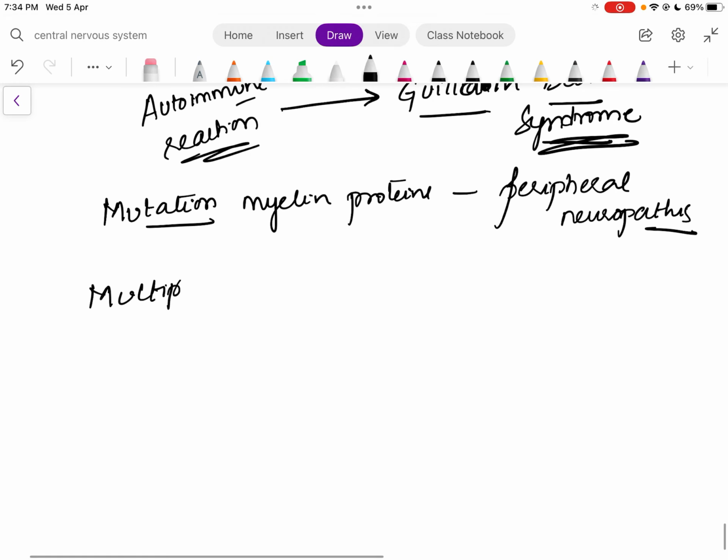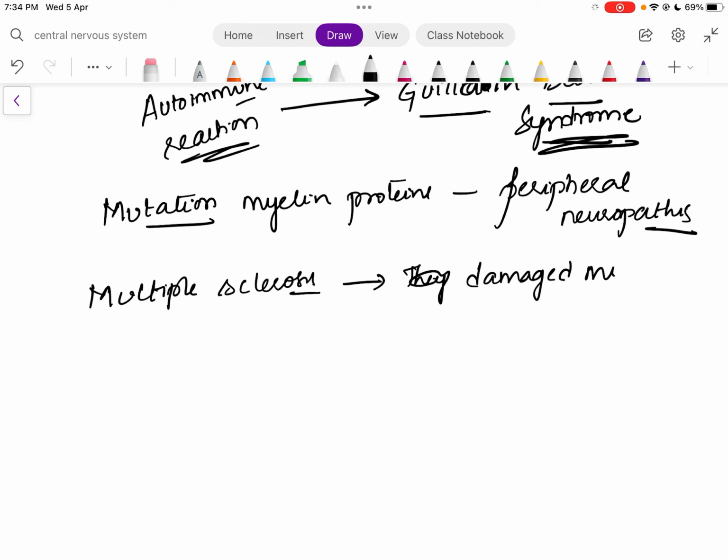And in multiple sclerosis, there will be damaged myelin, and this decreases action potential conduction. This is what we see regarding Schwann cells, and if there is any mutation to those cells.